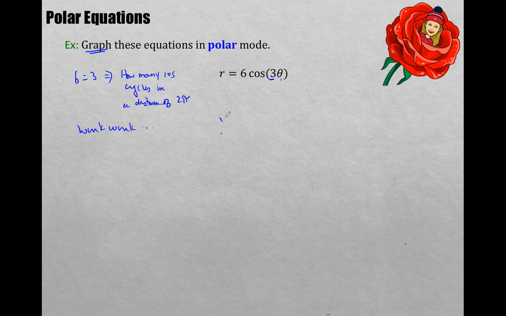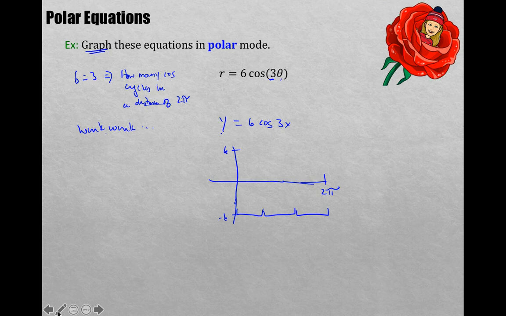So I'm going to pretend, wink, wink, this is y equals 6 cosine 3x. And I'm going to graph that. I taught you how to do that with the road, right? The amplitude is 6. There is no sinusoidal axis. Here's 2 pi. You need to get me 3 cycles in a distance of 2 pi.